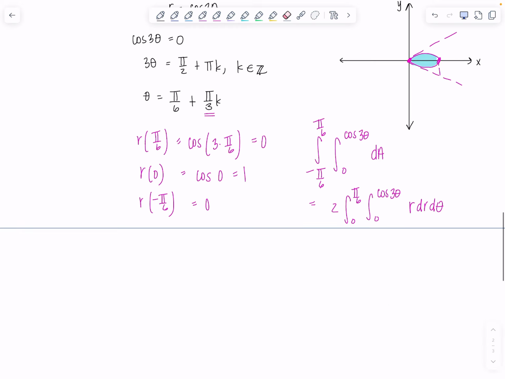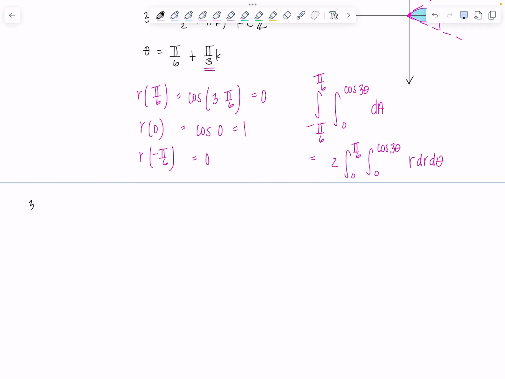Okay, let me write this down. So the solid is above the cone. They're so nice, they told you it's a cone. And then below the sphere, x squared plus y squared plus z squared equals 1.